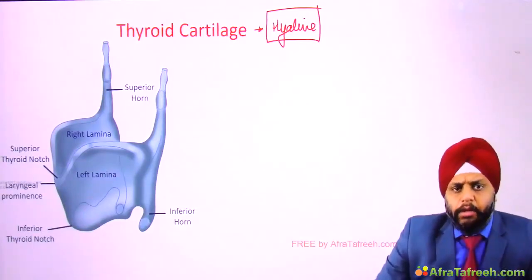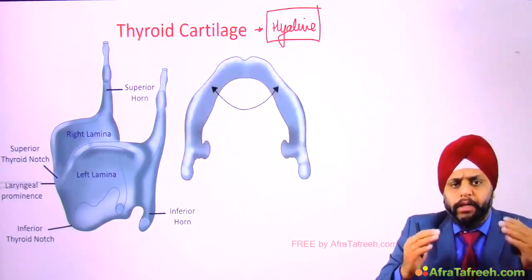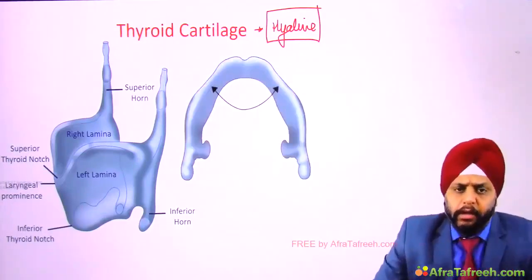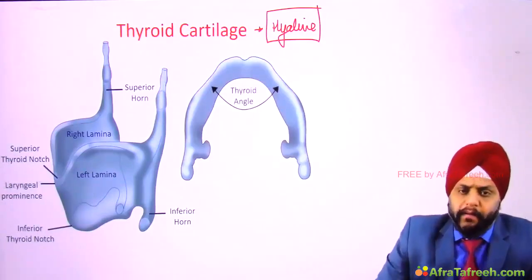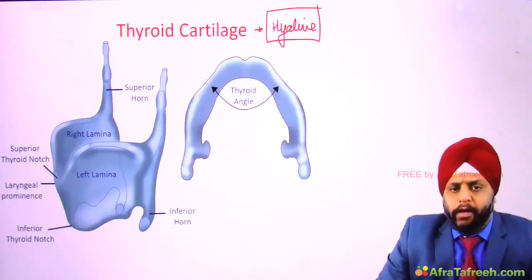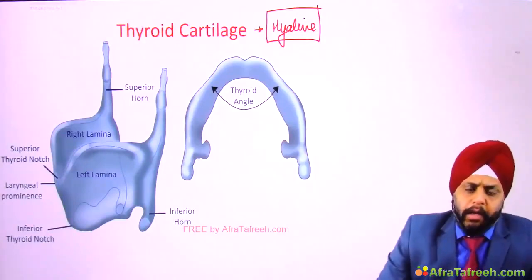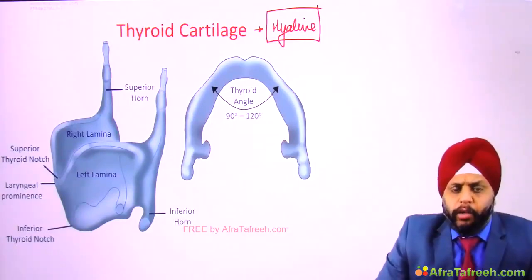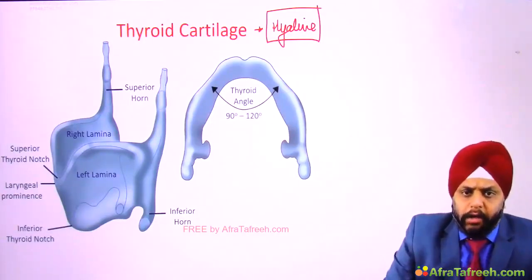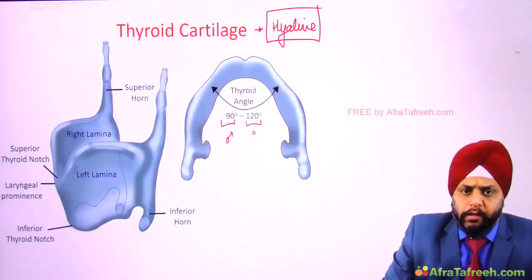Okay, now where these two laminas meet in the center, they form an angle. This angle is known as the thyroid angle. Okay, and this angle may range from 90 degrees to 120 degrees. 90 degrees in males and 120 degrees in females.